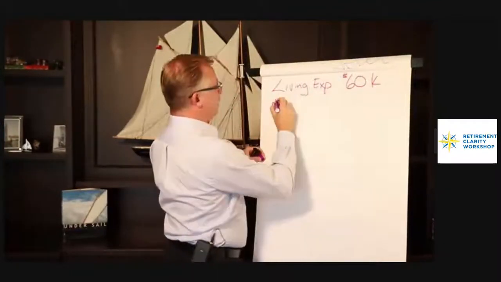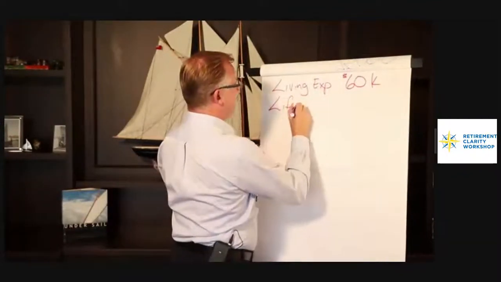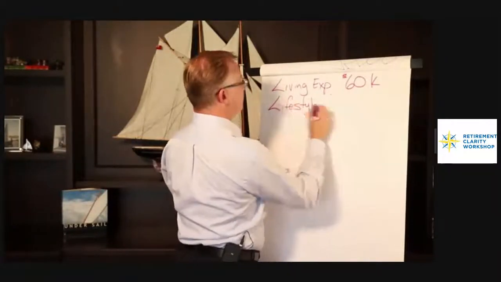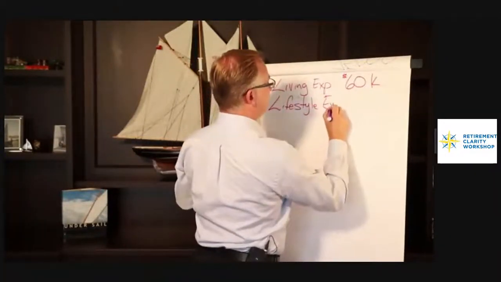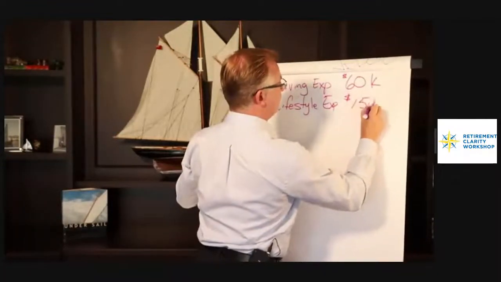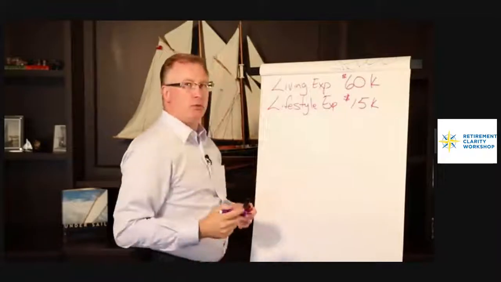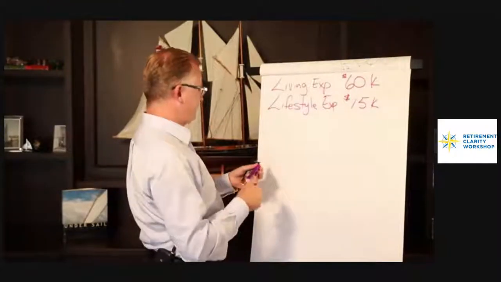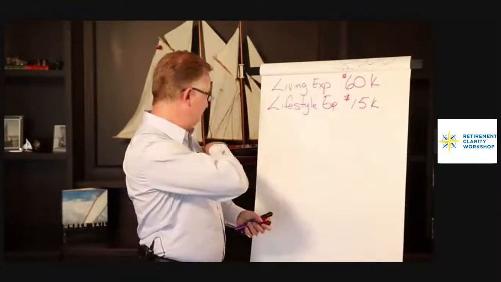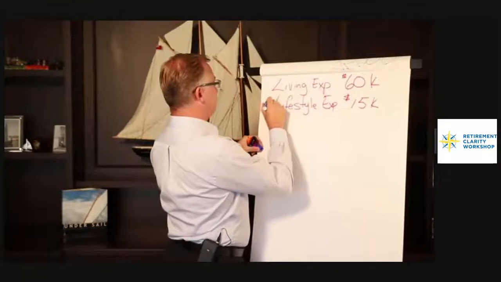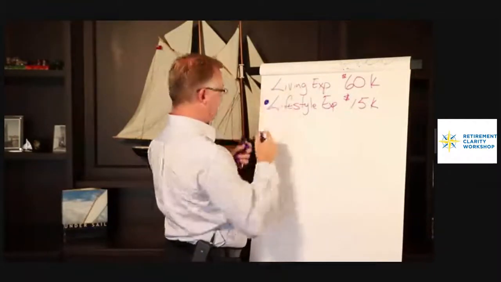And their lifestyle expenses, how do we spell that? There we go. Lifestyle expenses was $15,000 a year. But what about one-time expenses? Ooh, lifestyle should have been in a different color. Oops. Oh well. So we're going to make lifestyle a big blue dot, as that should have been blue.